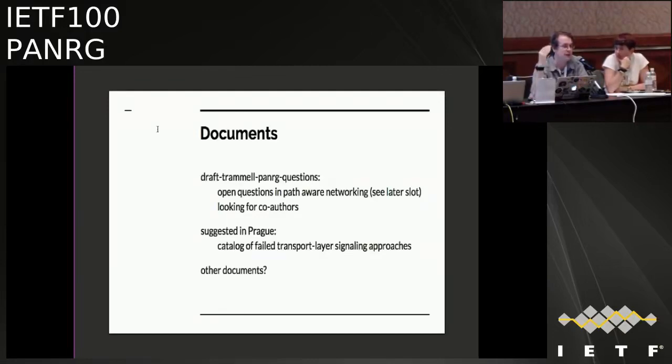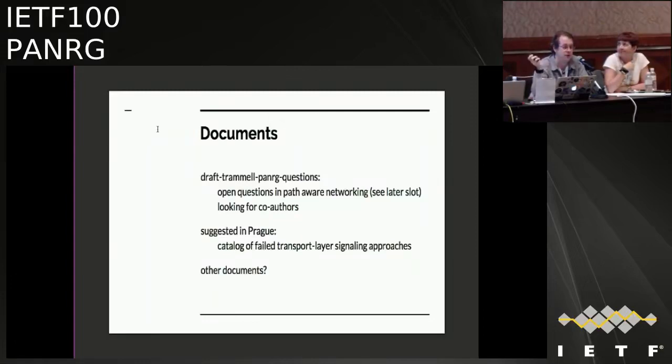Please have a look at it and let us know on the Panrg list if the questions there align with what you think the questions in this space are. We also intend it as an introductory document to this work for people coming in from outside the research group. So if you try to read that document and you are completely confused and have no idea what I'm talking about, that's also useful feedback.